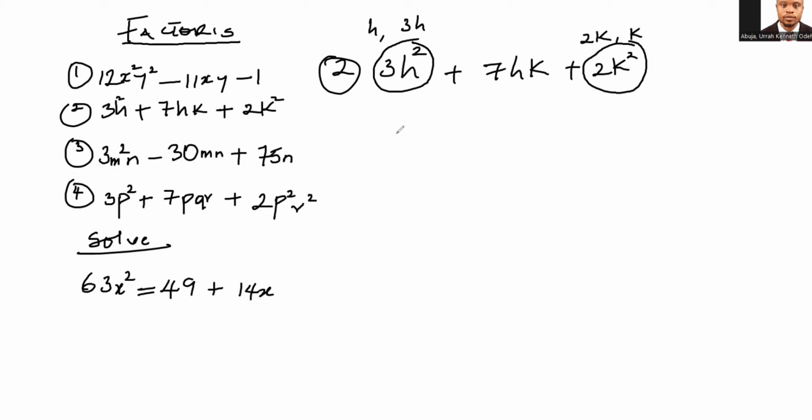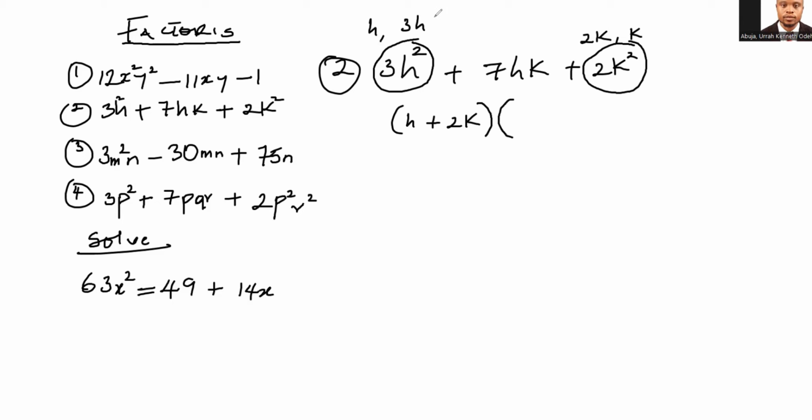All right. So open a bracket, put this first term h first, and this 2k. So we have plus 2k, close the bracket. Open a bracket. Nice and beautiful. All right.